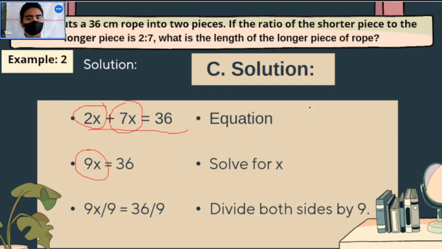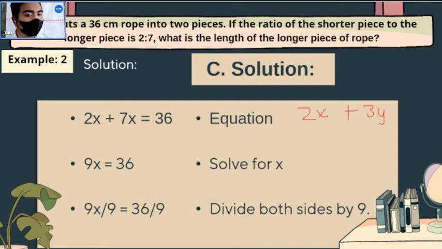For example, 2x plus 3x, the answer is 5x. But if we have 2x plus 3y, we cannot add them because they have different variables. So it really depends on the variable.